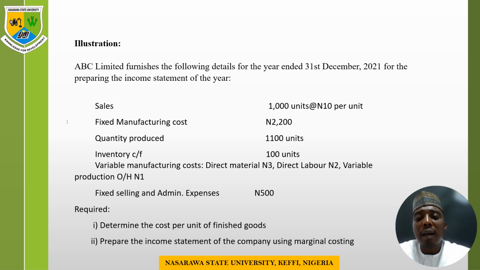using marginal cost. This is the information provided by company ABC, who expected to make a sale at the production capacity of 1,100 units.